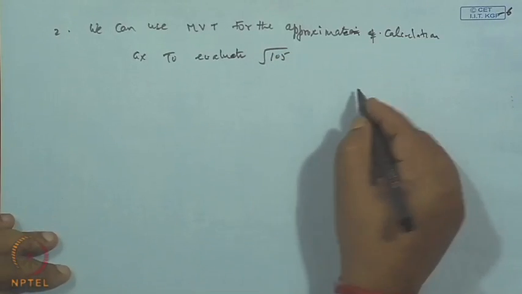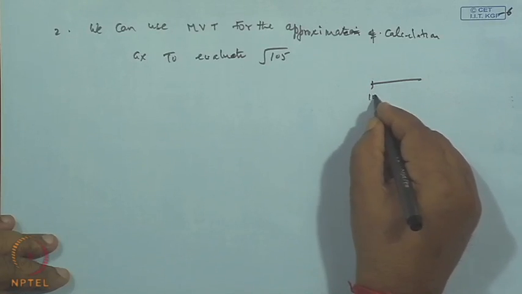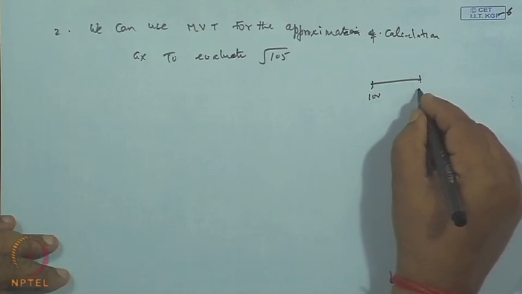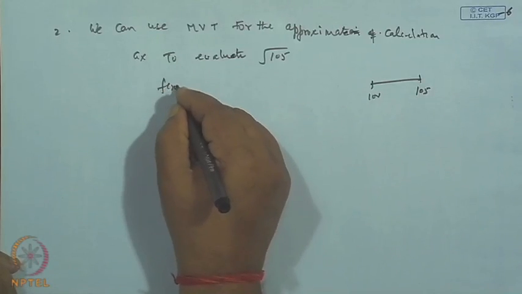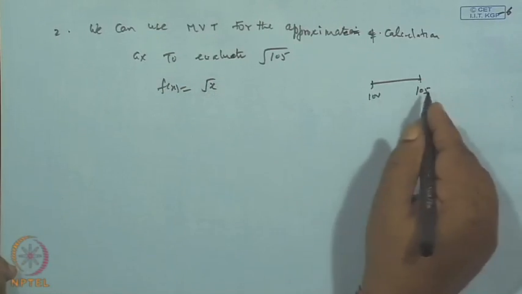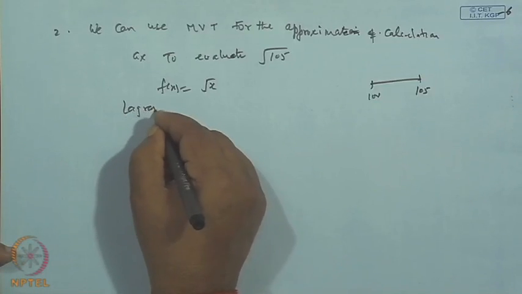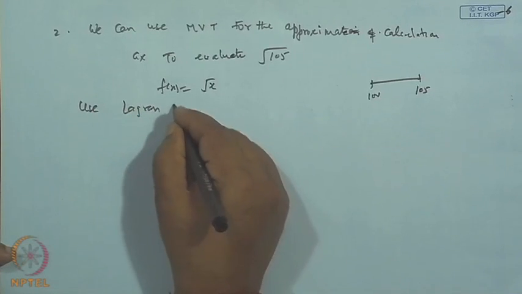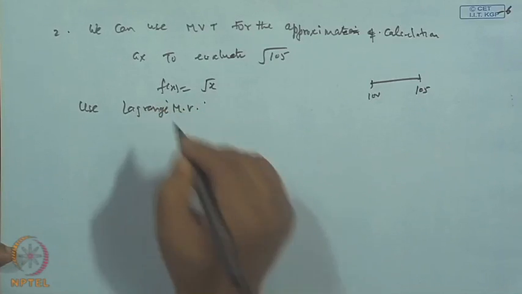Now, if I take the interval 100 to 105, and the function f x equal to root x, then apply the Lagrange's mean value theorem.